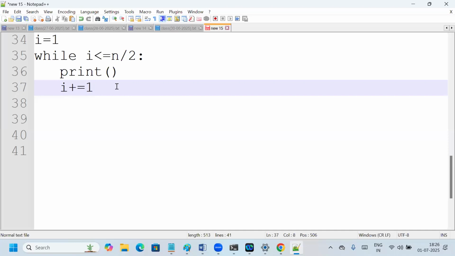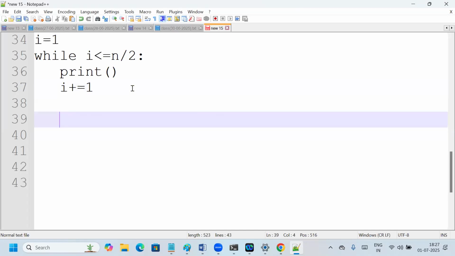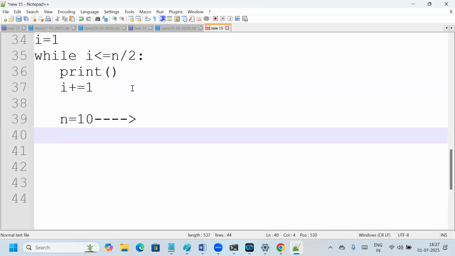Tell me, guys, count the number of comparisons here. If n value is 10, how many comparisons? N equals 10.